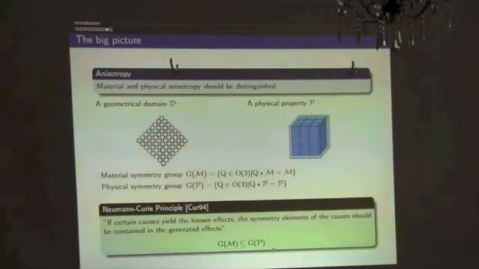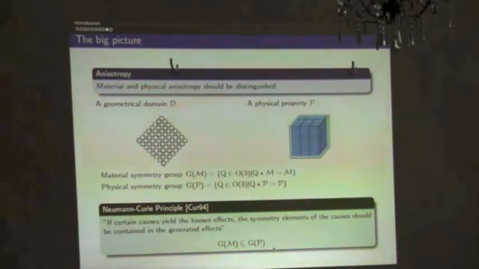So in terms of group operation, all the elements that let your microstructure invariant will let your physical property invariant. But this is not a strict equality, it's just an inclusion, because your physical property can be more symmetrical than your microstructure.